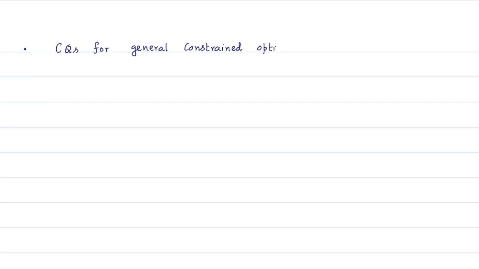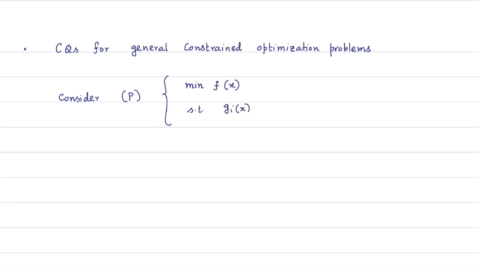The statement of the problem is as follows: minimization of a function of several variables subject to g_i(x) less than or equal to 0 for i belonging to the index set I, which consists of the indices 1, 2, 3 till n, together with h_j(x) equal to 0 for j equal to 1 till l, and you consider x belonging to R^n as usual.